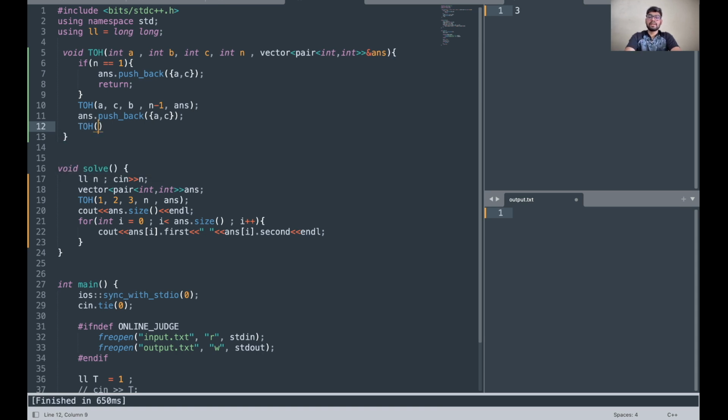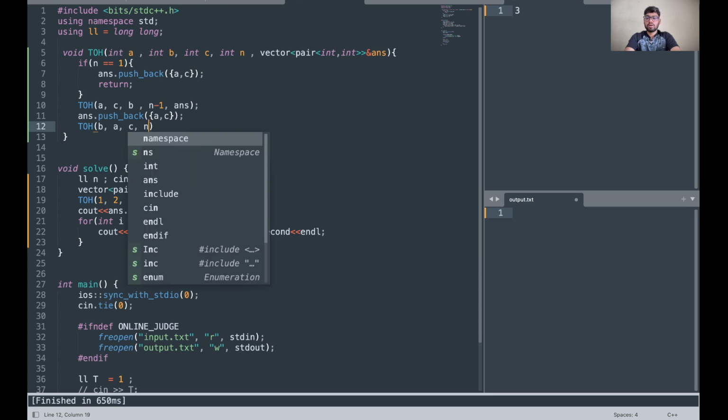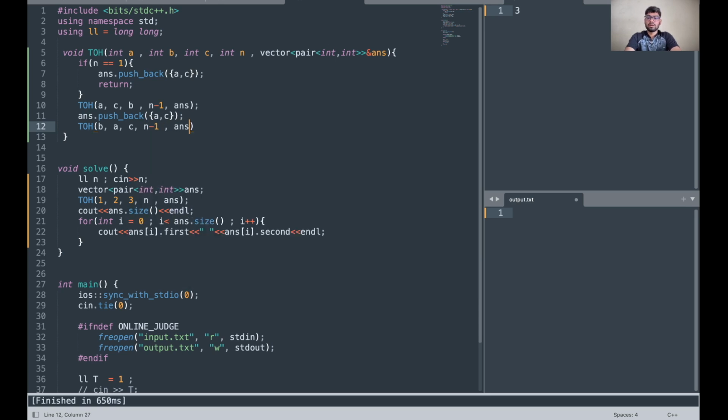At this time my source is B, my destination is C, and using A as auxiliary, for n minus 1 disks.